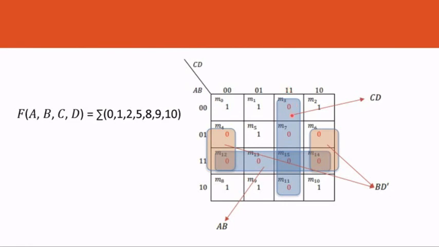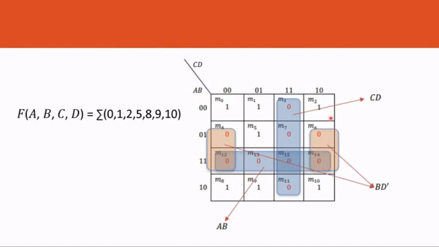As for D, it's the same. They also have the same value of D, which is equal to 1. So therefore, this group is equal to CD. And you are going to do that when you group the other zeros.